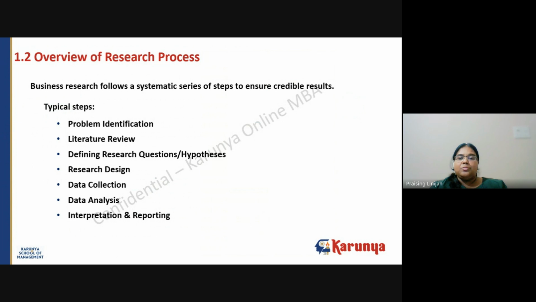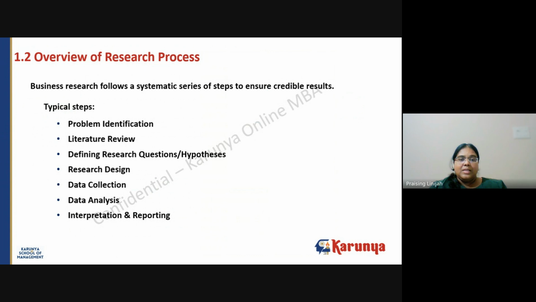The business research process is a systematic series of steps designed to produce reliable and actionable results for organizations. It ensures that decisions are not based on assumptions or guesswork, but on carefully gathered data, which is analyzed into meaningful insights using strong evidence.